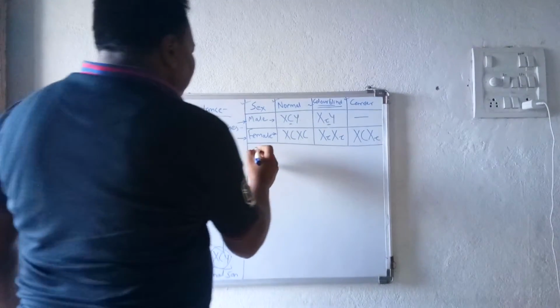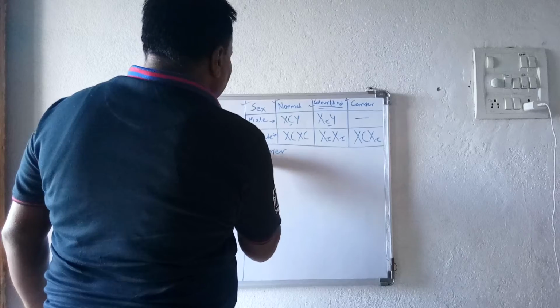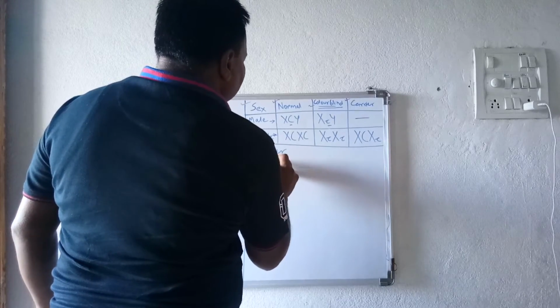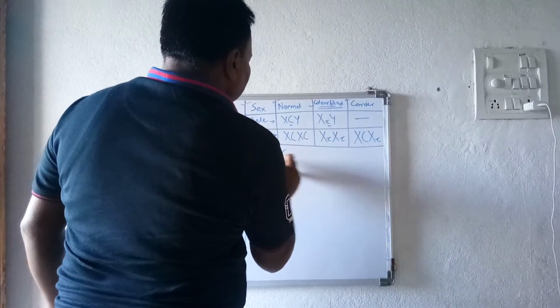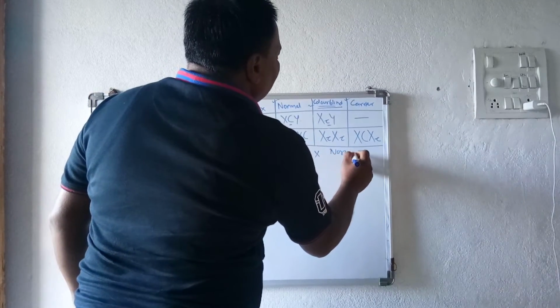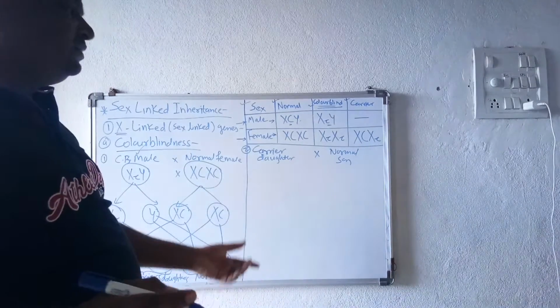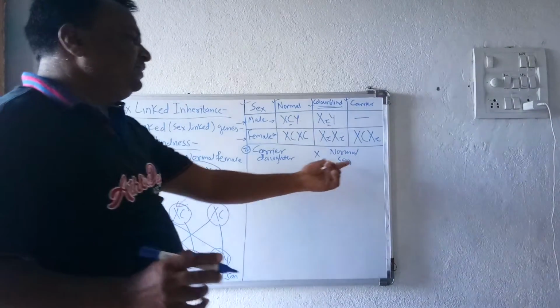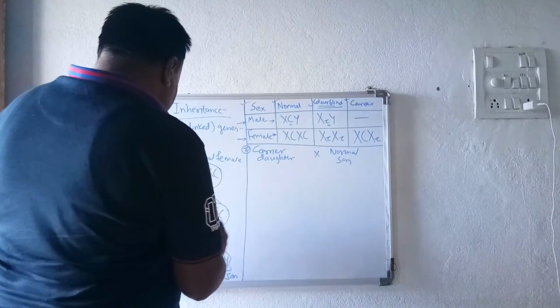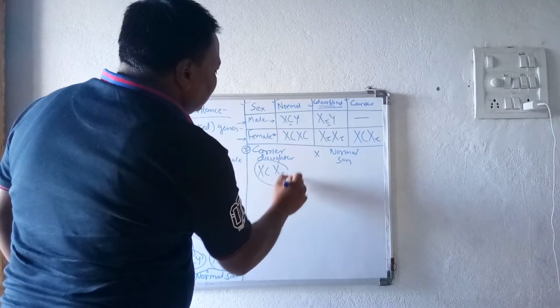Then in another cross, when this carrier daughter marries this normal son, the carrier daughter has the same genotype, that is capital X, capital C, capital X, small c.